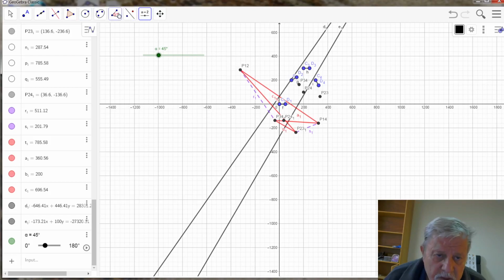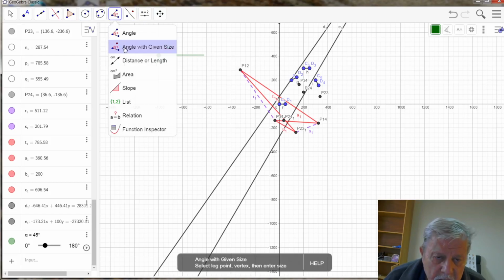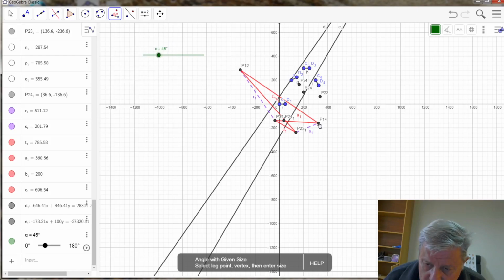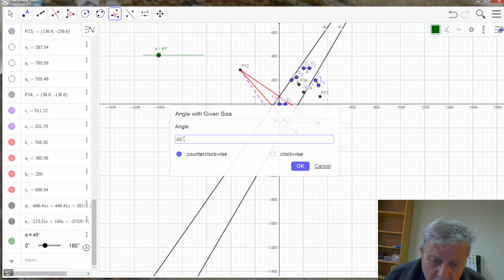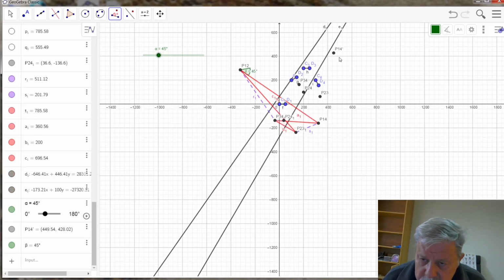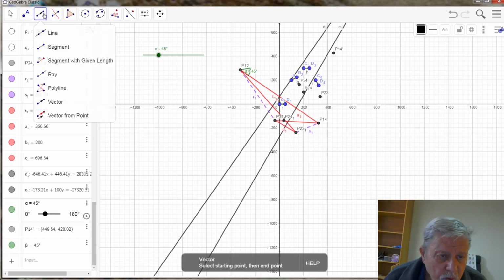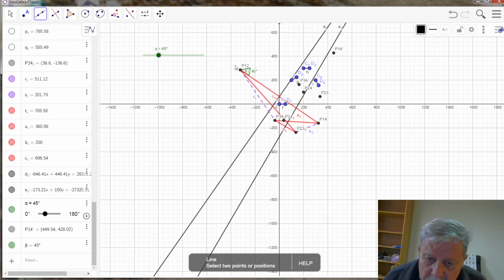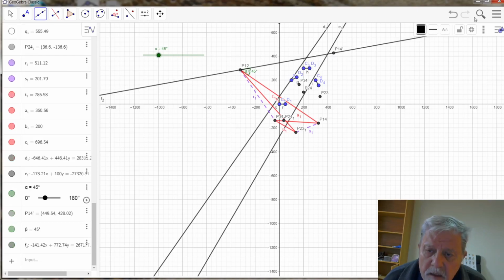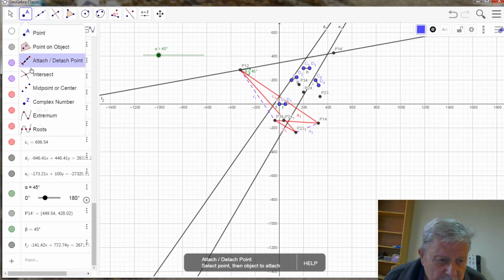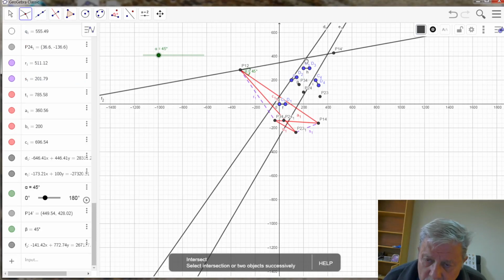So, in counterclockwise direction, I will take angle alpha here. This is the point. I will draw a line and then I will determine the intersection of that line with this perpendicular bisector.